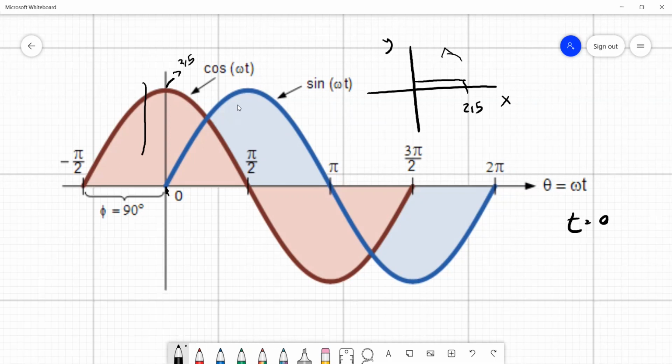So max value, so cosine would be the more appropriate way if we were to look at this from the x-t graph point of view. From t equals 0, x has its max value, and then it starts going down as y starts gaining on it.